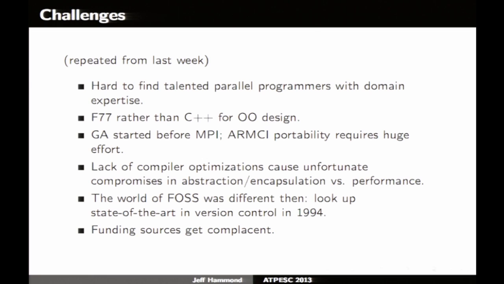There's a challenge, as I mentioned last week, of trying to do object orientation in Fortran 77, the pre-MPI era, and the portability challenge of having your own communication library. Then there were things where compilers wouldn't do their job and people would create abstraction for performance.